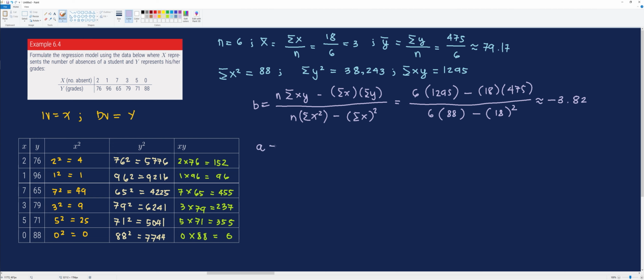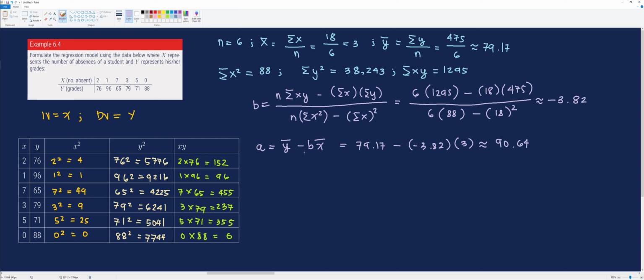And for a, the formula is the sample mean of y minus b times the sample mean of x. This is equal to 79.17 minus negative 3.82 times the sample mean of x, which is equal to 3, which is about 90.64.